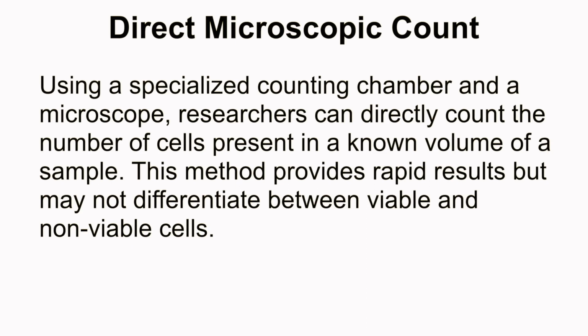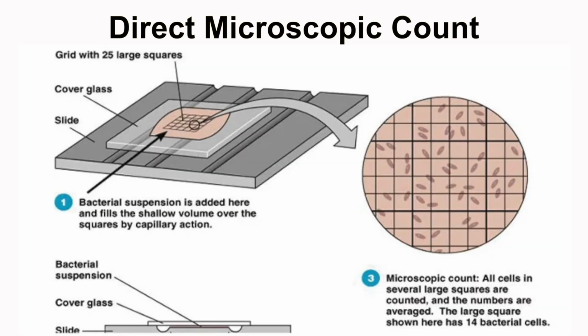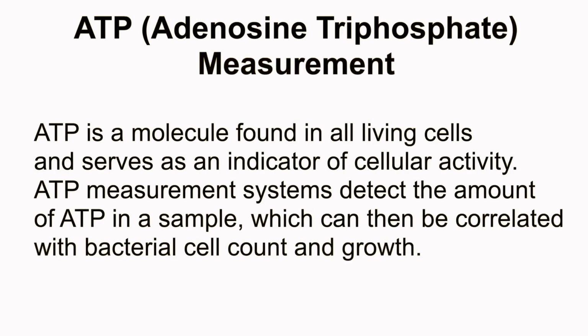Fifth one is the direct microscopic count. Using a specialized counting chamber and a microscope, the student can directly count the number of cells present in a known volume of sample. This method provides rapid results, but may not differentiate between viable and non-viable cells. Then ATP measurement.